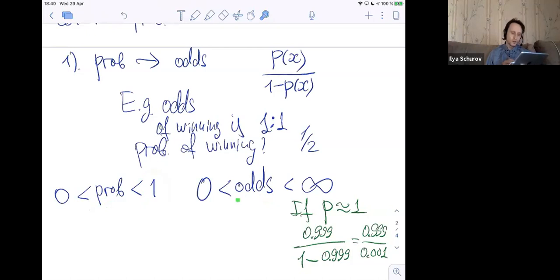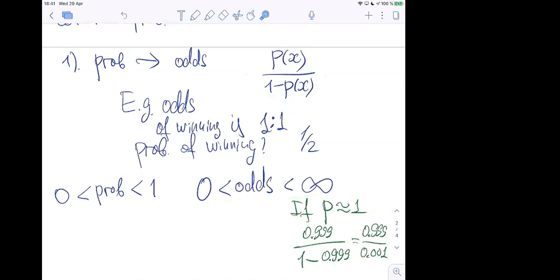Odds are not defined for probability 1 because we have division by 0 in this formula, or we can say that odds are infinitely large for probability 1, but at least in the model that we will discuss now, this situation just never happens, just because we do it in this way.